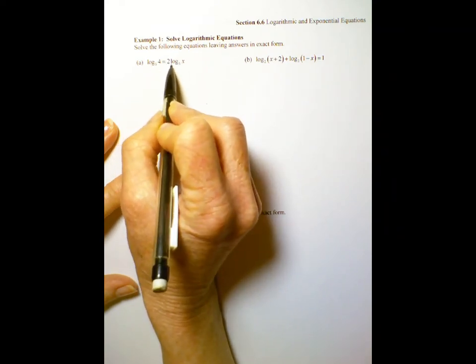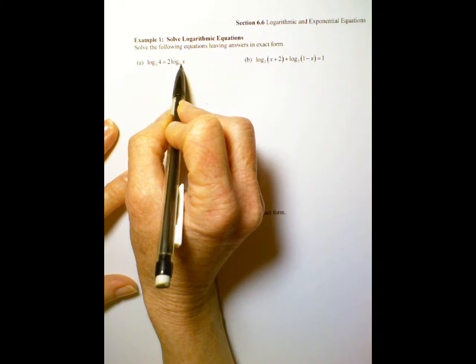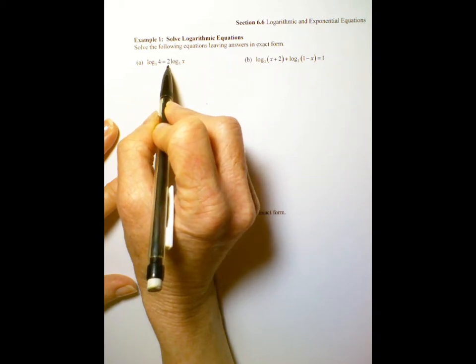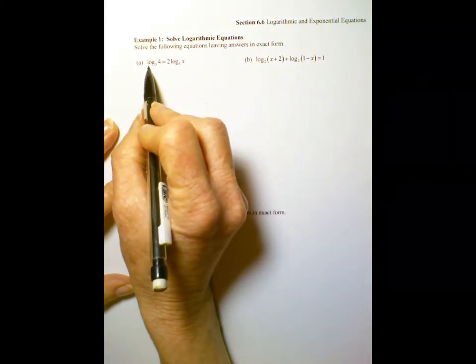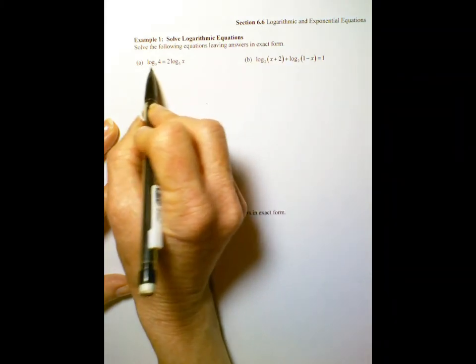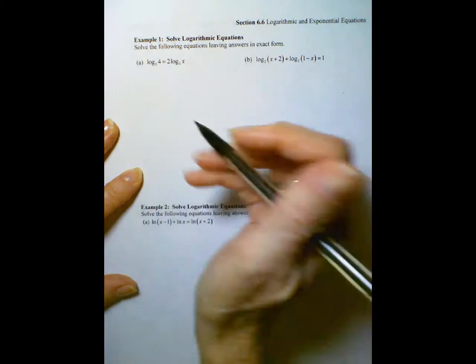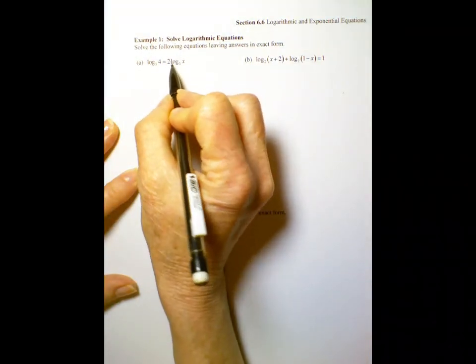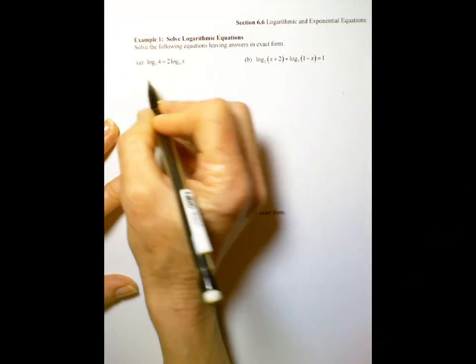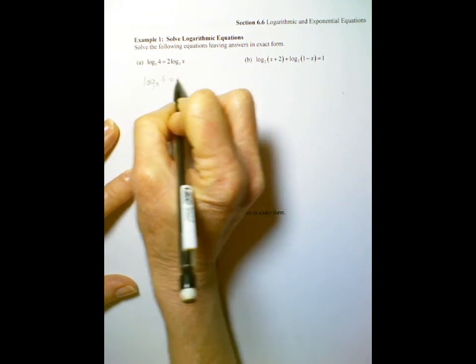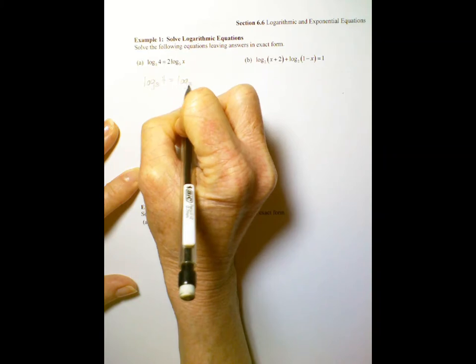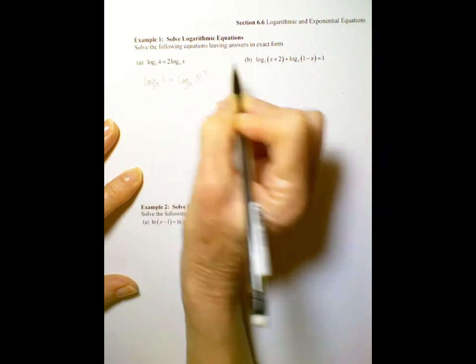It's log equals 2 times the log, right? So what can I do with that 2? If I divide both sides by 2, then I'll have a 2 in the denominator on this side. Well, there's a property that says, hey, that 2 can become a power. So let's rewrite this as log base 3 of 4 equals log base 3 of x squared.